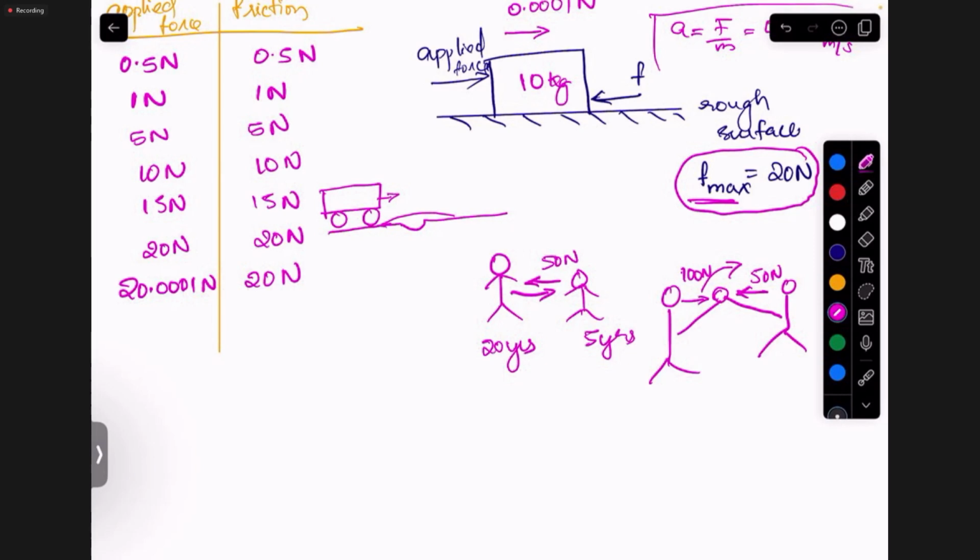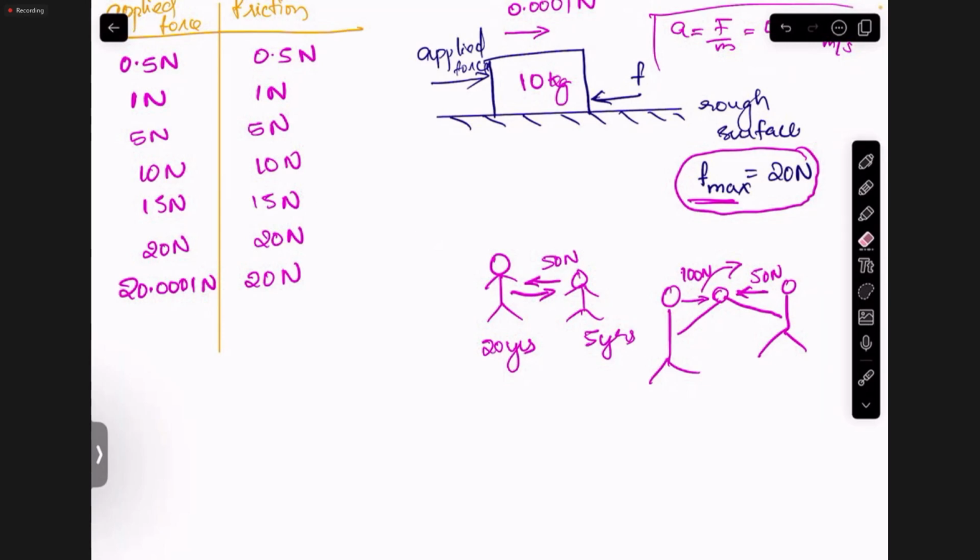There will be an impact, but it won't be as pronounced as when the object is moving slower. Similarly, when this block starts moving, the effect of the irregularity of the surface or the intermolecular forces, everything will start to fade down.